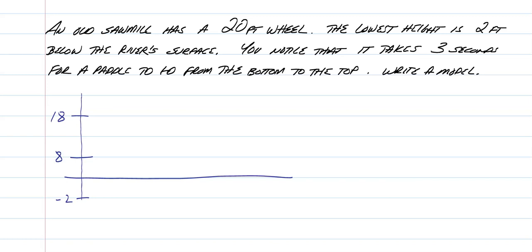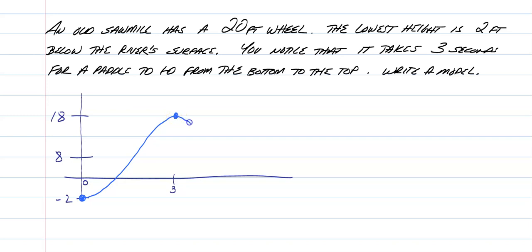It doesn't say 2 seconds after. All it says is that you notice that it takes 3 seconds for the paddle to go from the bottom to the top. So you can use 0 for this one. And then it's 3 seconds to go from the bottom to the top. So your graph looks a little bit like this. Bottom to top.